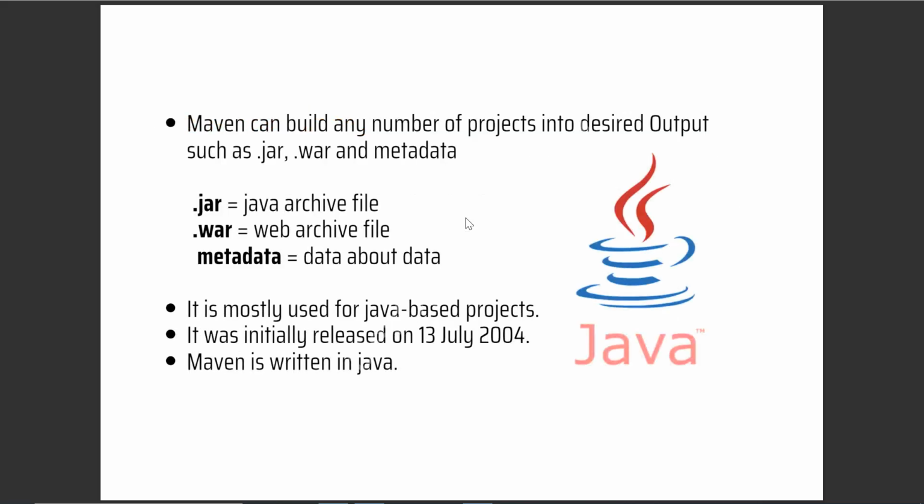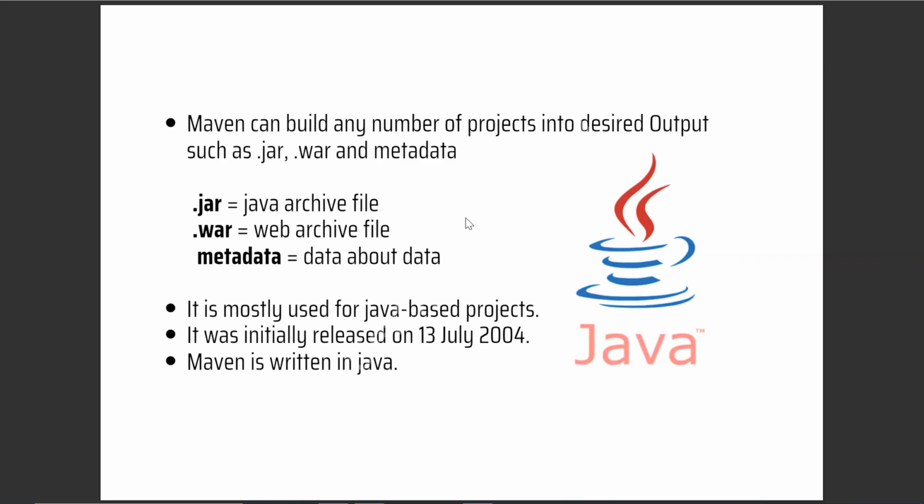And what file will we get? Suppose if I build the code, what output will I get? I will get either .jar or .war. Generally, what is the purpose of .jar? It is a final product which can be deployed over the servers. Here .jar stands for Java archive file and .war stands for web archive file.